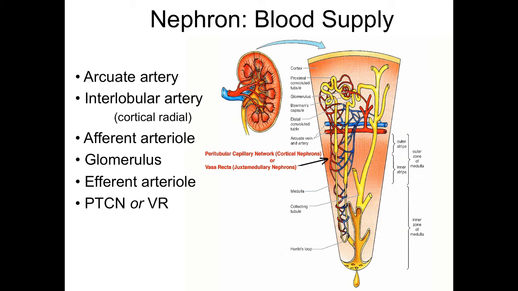Now, you'll recall in an earlier podcast I said this arrangement of the blood vessels, the efferent arteriole giving rise to the peritubular capillaries or the vasa recta, can have some significant clinical implications. Can you imagine what might happen if glomerular capillaries are damaged or if blood flow is inhibited through the glomerular capillaries?